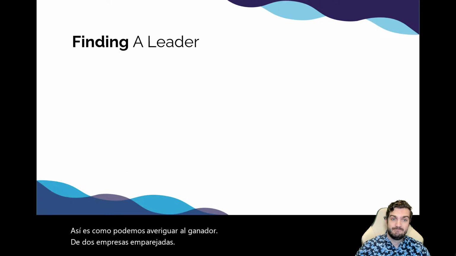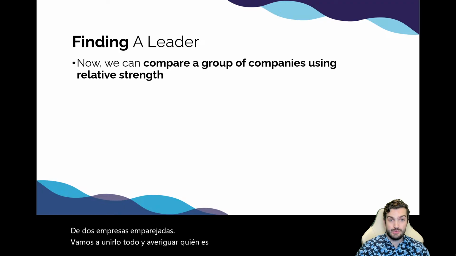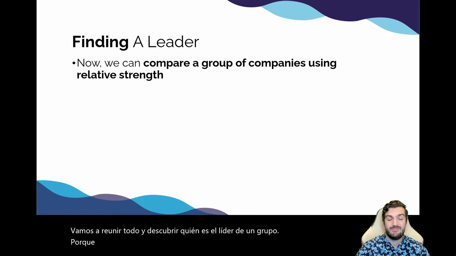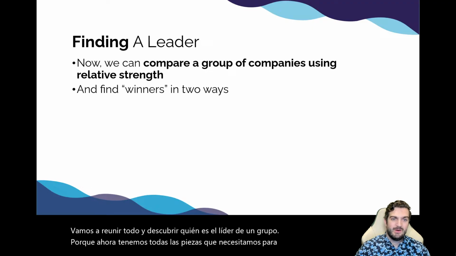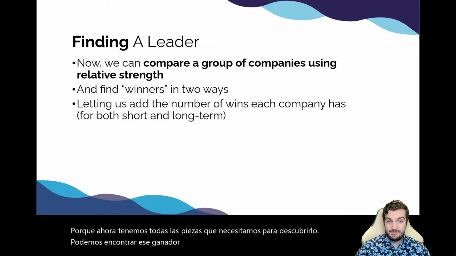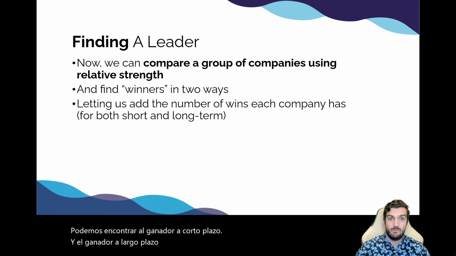So, let's bring it all back together and figure out who the leader is from a group. Because now we've got all the pieces we need to find that out. We can find that winner using our two different ways. We can find the short-term winner and the long-term winner, because for every single comparison, we will have a winner for both.